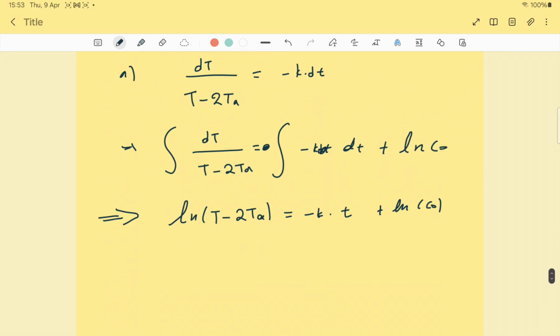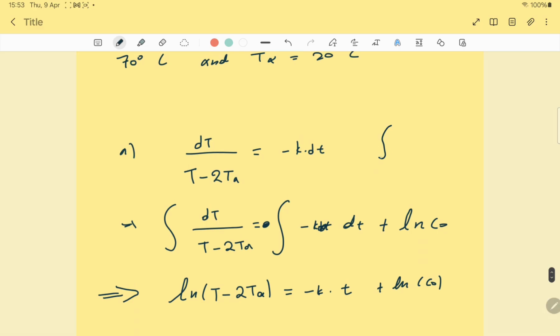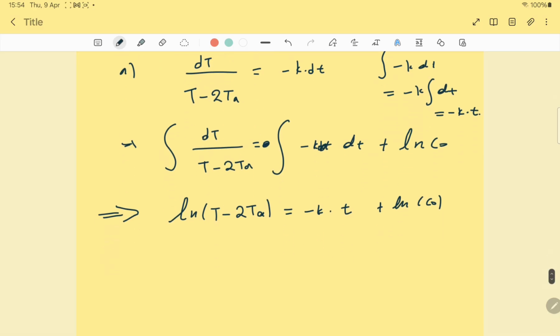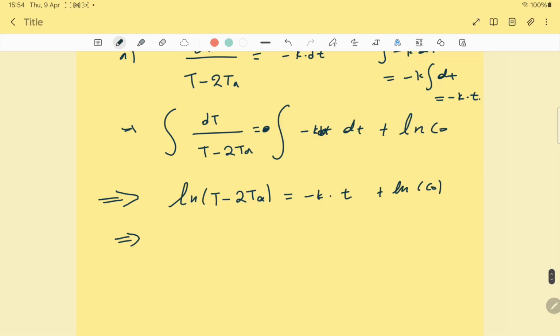So this integral here, minus k dt, is going to be minus k times t. So we have ln of T minus Ta equals minus k times small t. Small t is time, capital T is the temperature, plus ln C0.